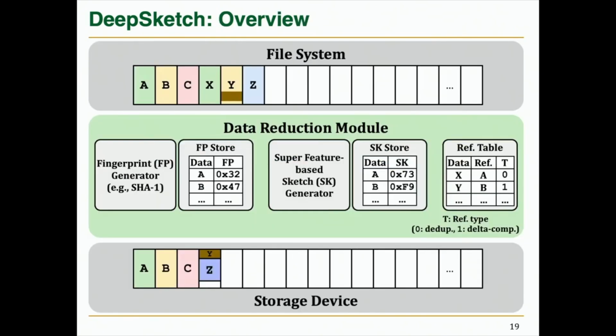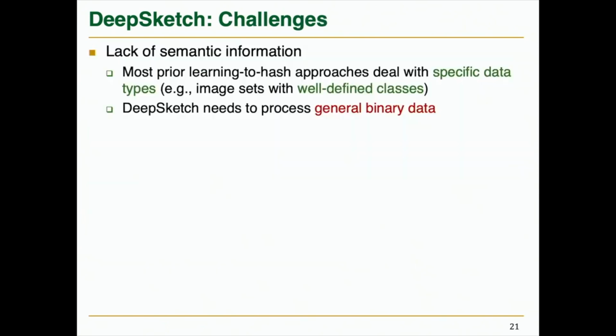So basically, DeepSketch replaces the existing super feature-based sketch generator with a DNN-based sketch generator. While the key idea is simple, it was not that straightforward to apply the learning to hash method for reference search in data compression due to the lack of semantic information in our target dataset.